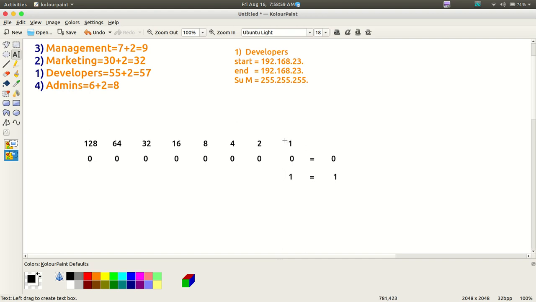So if this bit is on, the value is 1 over here. So this is your first bit, this is on over here, its value is 1 over here, right? As a result you get 1 over here.